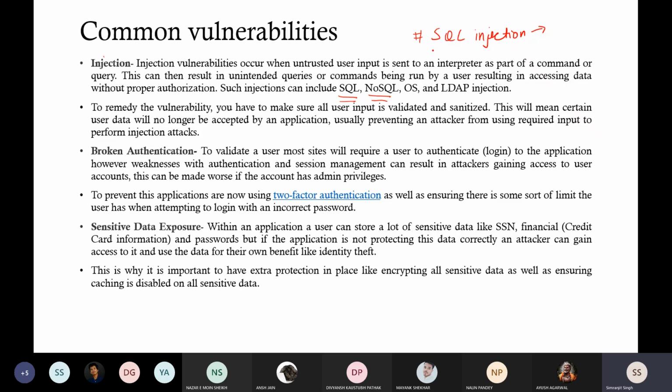It can be Microsoft SQL or Oracle's database management system. These are common vulnerabilities, not specific to any operating system. They can occur in Linux as well as in Windows.